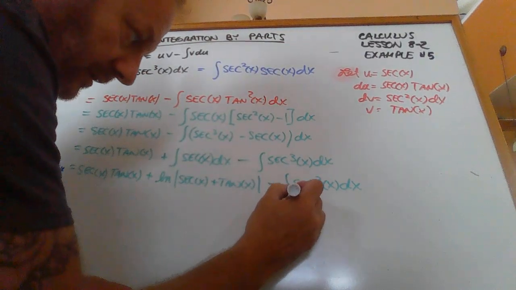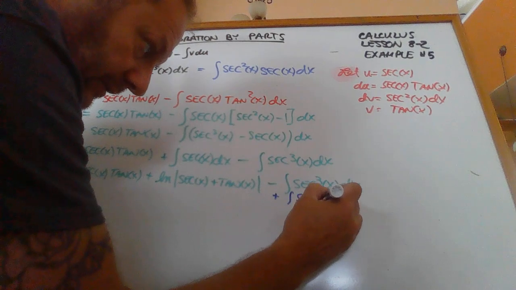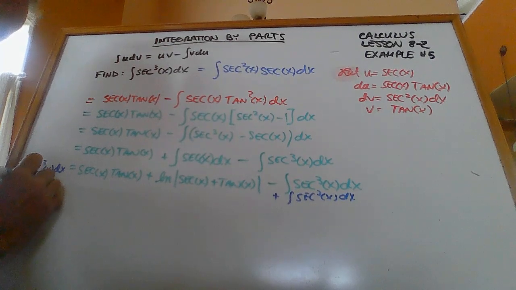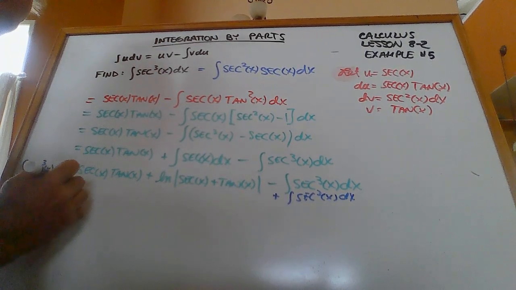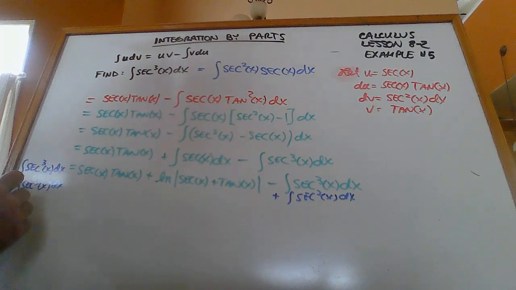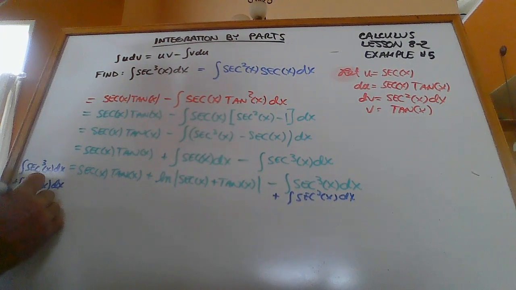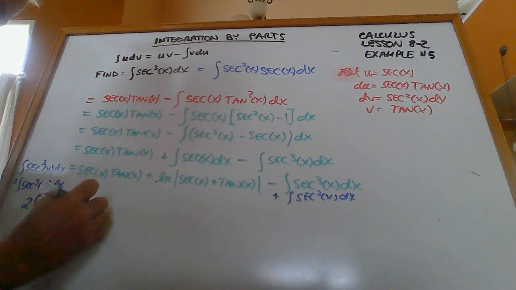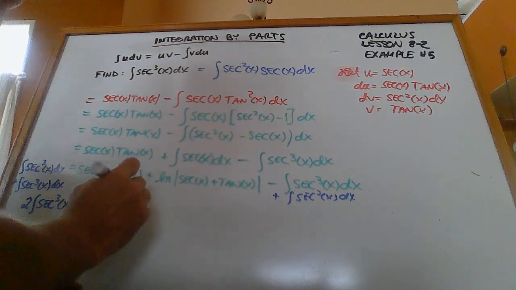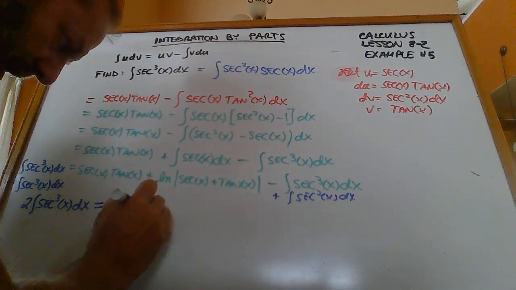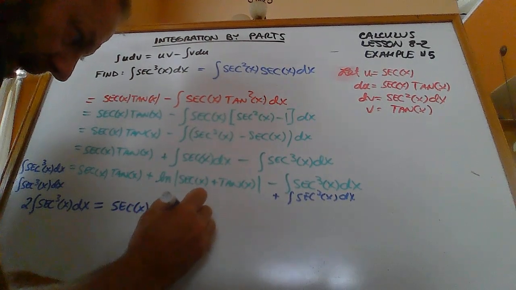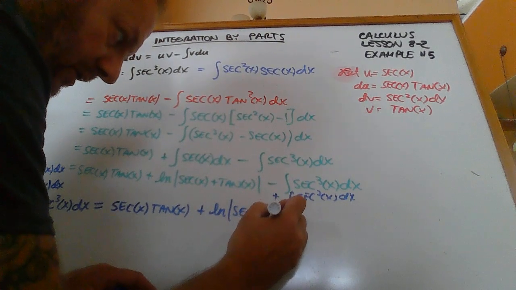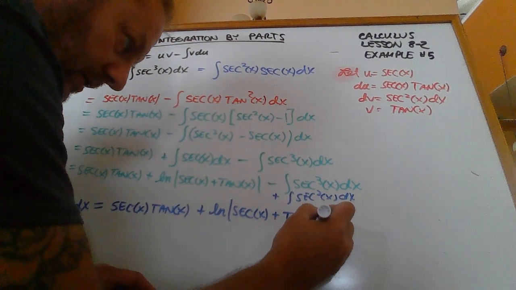All right, here's what I'm going to do. I'm going to take this and add it to both sides, just like I would in an algebra problem. And once you think of that, you probably have this figured out. So this is 2 times the integral of secant cubed x dx is equal to secant x tangent x plus the natural log of the absolute value of secant x plus tangent x.